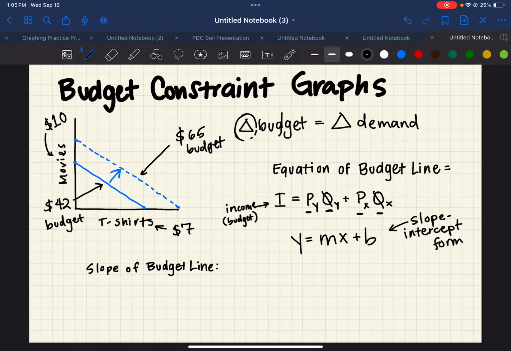But the issue with that is that when you move everything around to be in slope-intercept form, it looks really messy and it's hard to interpret. This is what it looks like if you do that algebra and you move everything around.